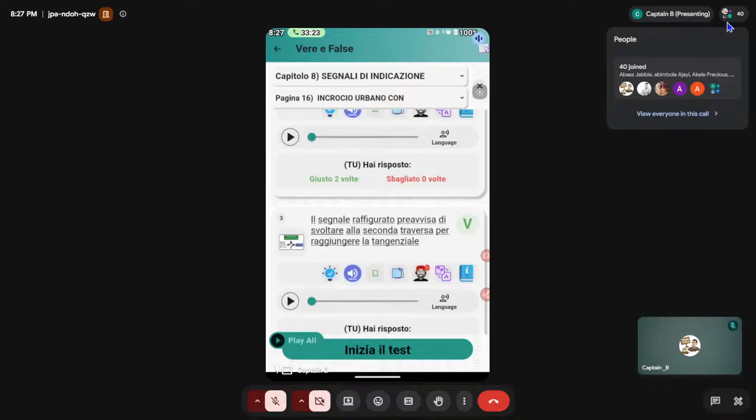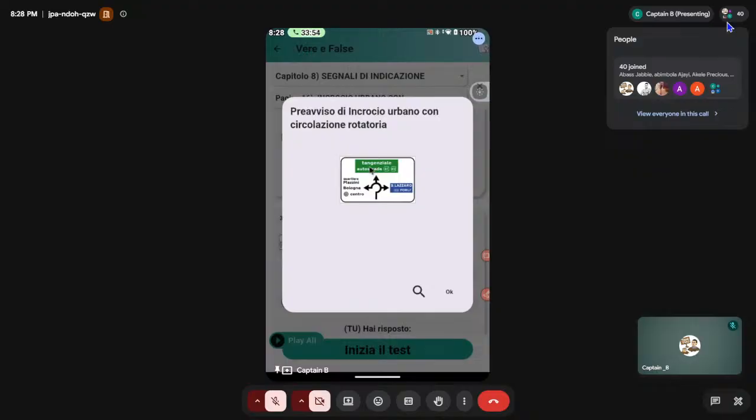Look, the first one is falling, the second one there is up. Per raggiungere, for you to get to tangenziale, the location that you are heading to, which is straight. You can see it's a straight road. If you zoom your screen, you will see it. Yes, you see, it's a straight road.